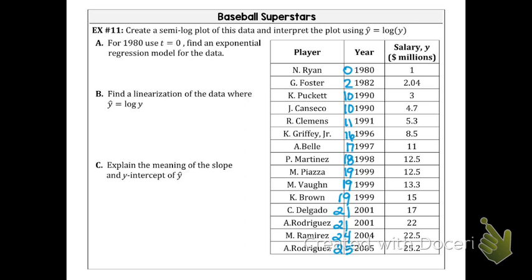I'm going to use those for my L1. Put the salary in my L2. And if you want to, because you know we're going to have to do it, go ahead and do L3 and put in your log of L2 into that, okay?